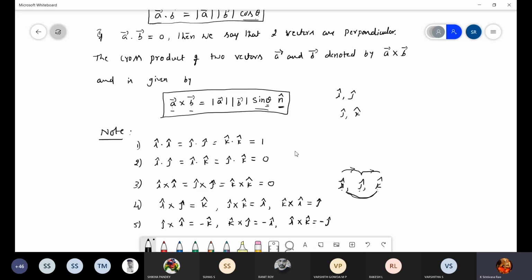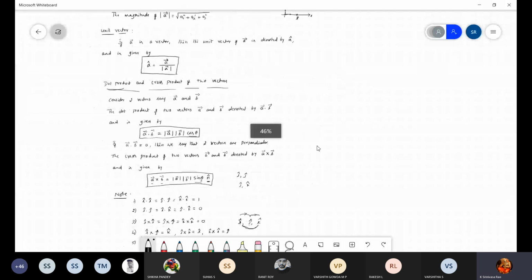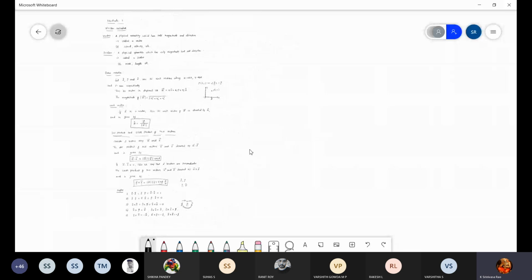Very important note. Got it? Any doubt in this? If you have any doubt, you can ask parallelly.